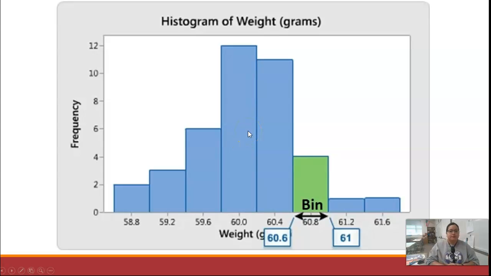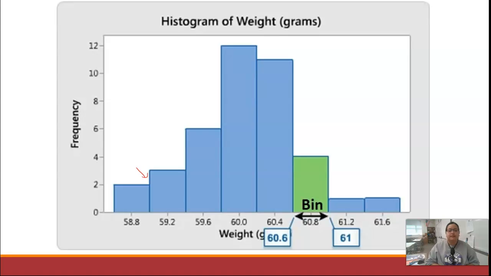Right, in this particular histogram, and this is what most histograms look like, we don't usually use the circles, we use bars. And notice that the bars are touching, okay? Unlike a bar graph where we have space between the bars. We have bins, and these bins are about 0.4 apart from each other. And this is measuring weight.